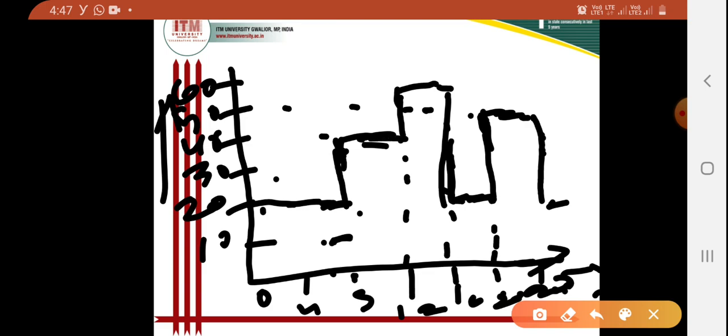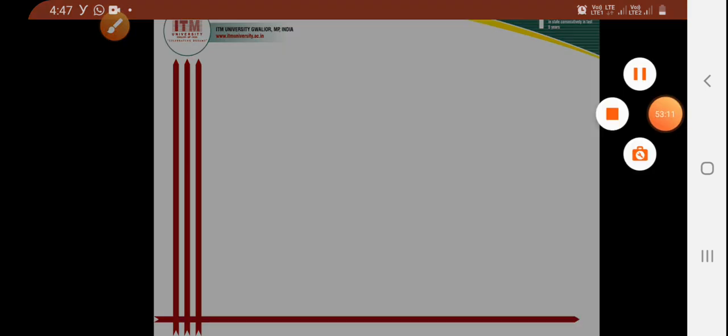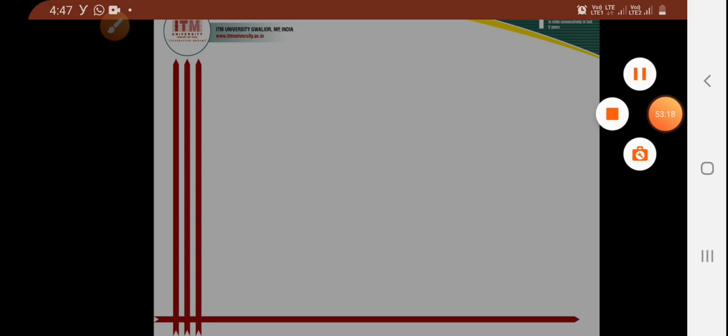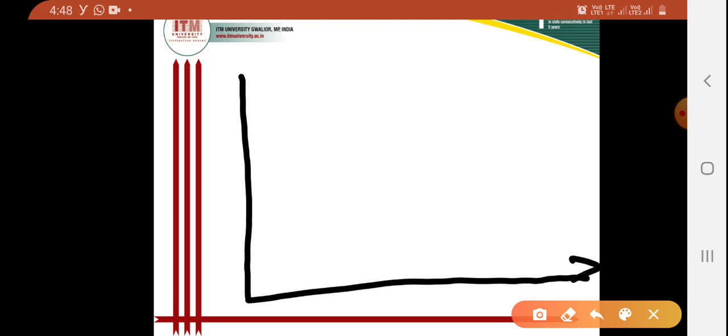of the load curve. Now I can plot here the load duration curve. See the load curve, so accordingly I can plot the load duration curve. Obviously this is our time. We can write 0, 4, 8, 12, 16, 20 and 24.